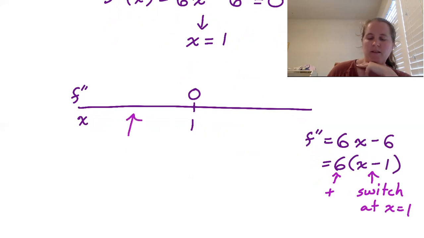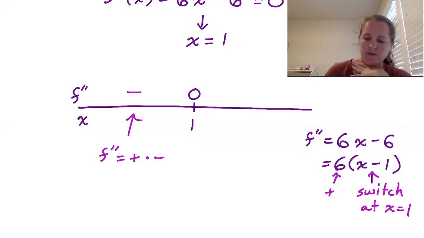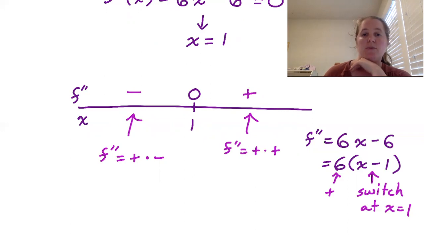If we pick anything less than 1, for example, 0, we're starting with positive 6 times a negative. So the second derivative starts negative. And then once we go past 1, say x equals 2, we wind up with a positive times a positive. So we're positive.